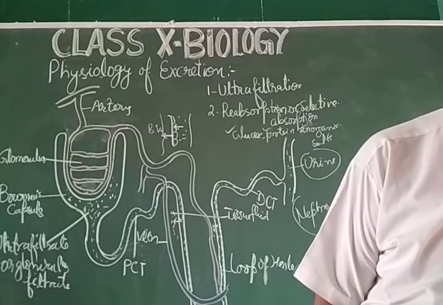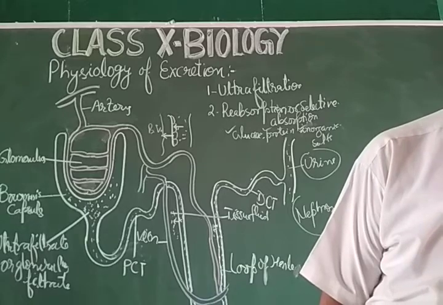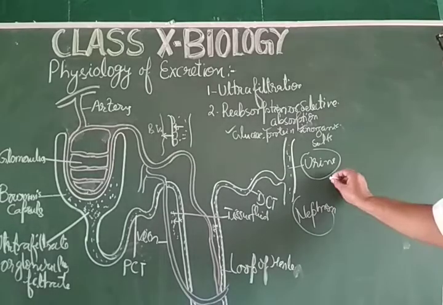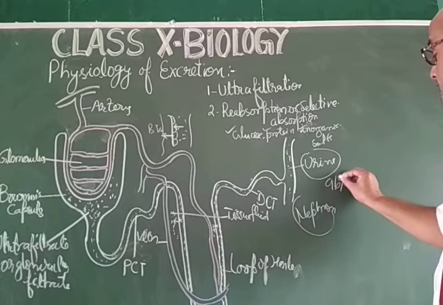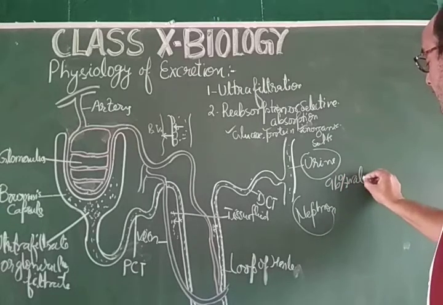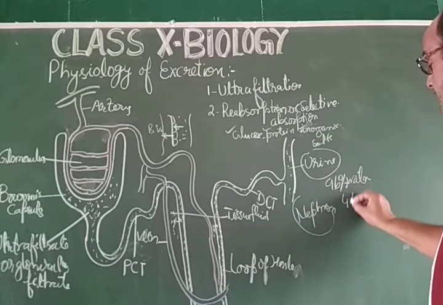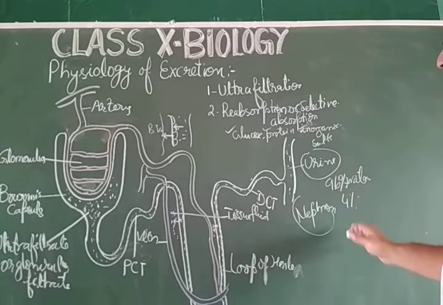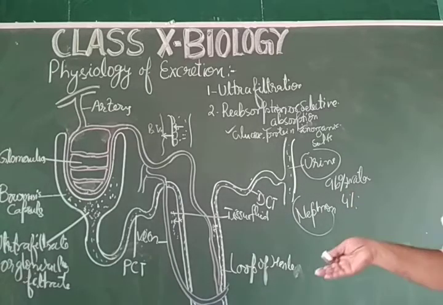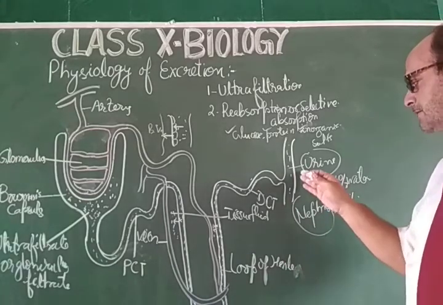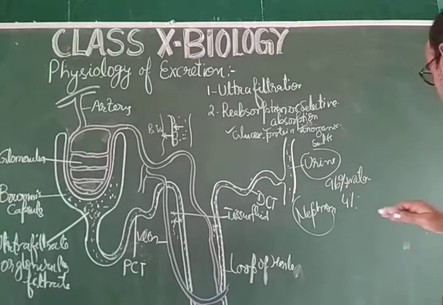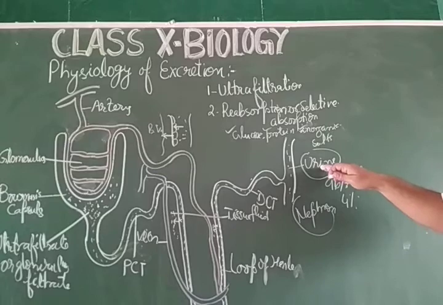So these are the contents: 96% water, and 4% organic and inorganic composition like urea, ammonia, inorganic salt, etc. that gets excreted through the kidney in the form of urine.